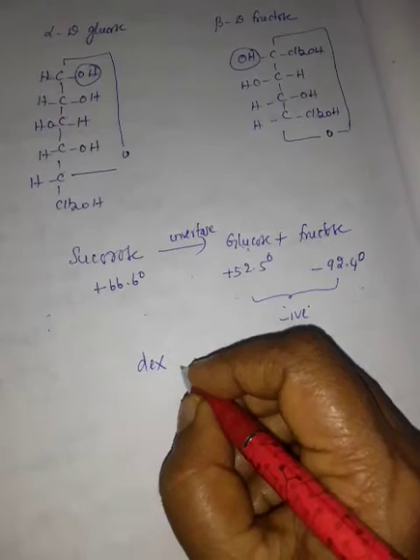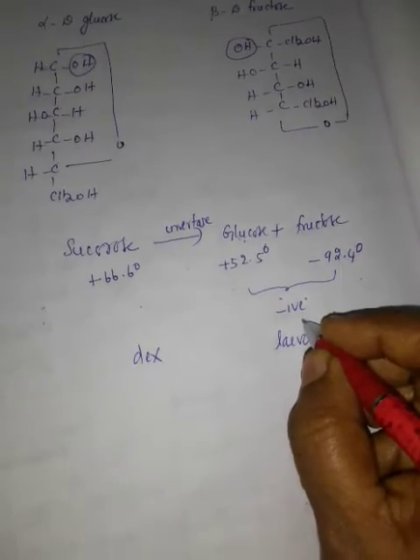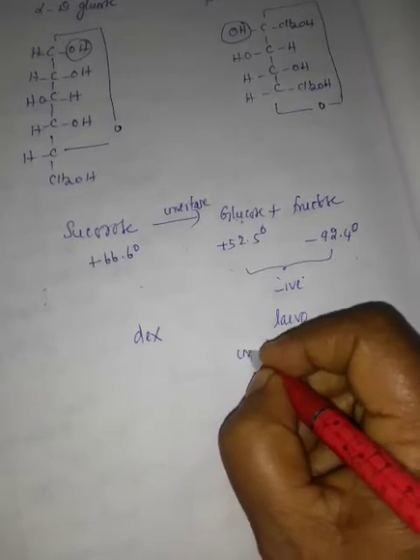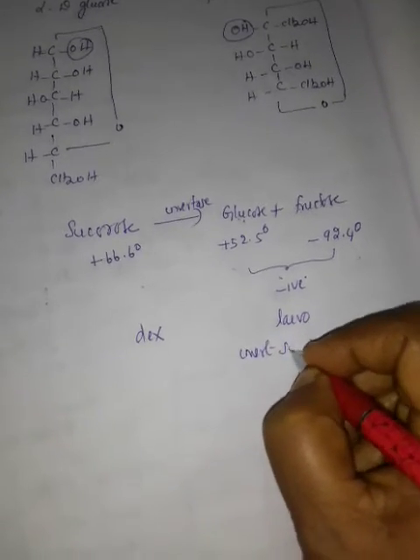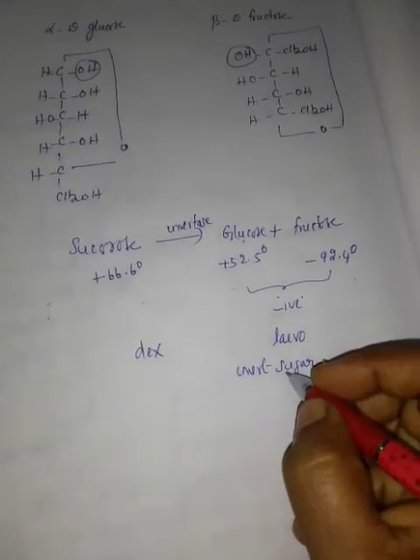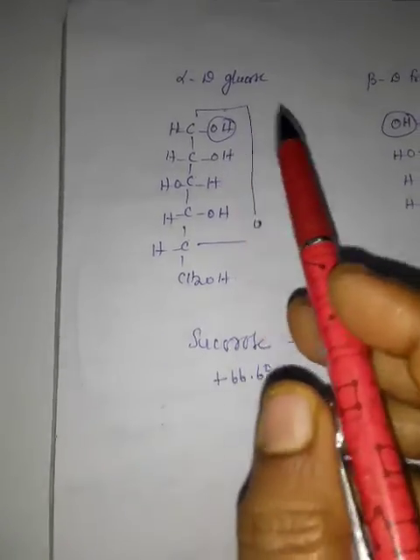So dextro becomes levo. That is called invert sugar or invertase.